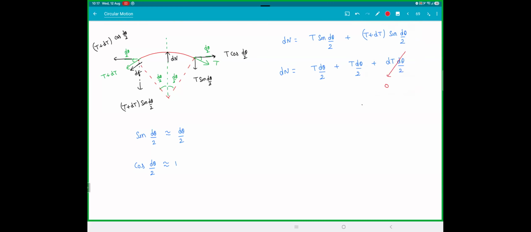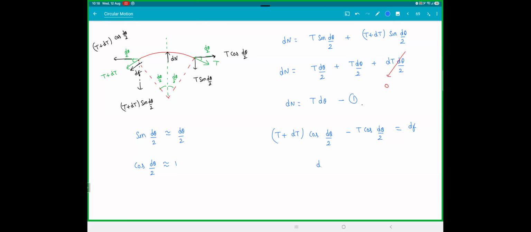Isn't it? dT is very small. And if you multiply dT into something, you're multiplying another very small number. So we get dN is equal to tension into d theta. This is equation 1. In the horizontal direction, we can clearly see T plus dT cos d theta by 2 minus T cos d theta by 2 is equal to dF.